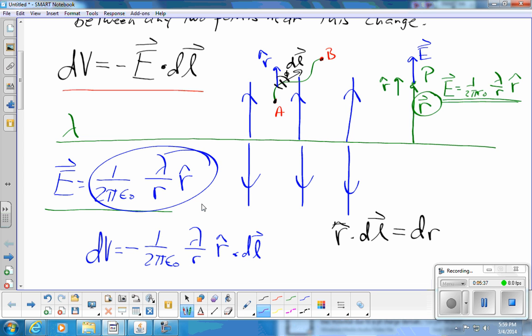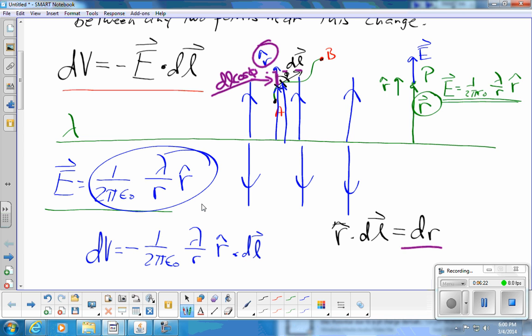purple, and if I make a right triangle here, this distance right here is the component of dl in the direction of r hat, and so that is dl cos phi, and the dot product is the magnitude of r hat, which is 1, times the magnitude of dl cos phi, and what that is is dr. I already wrote this down here: that is the change in length from an r vector drawn to the beginning to an r vector drawn to the end.